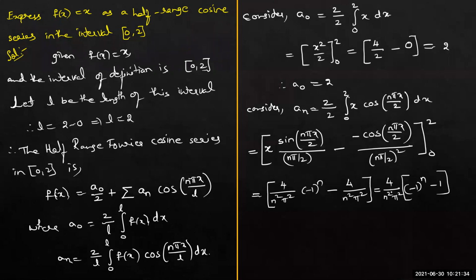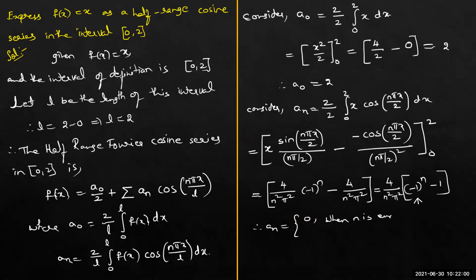Now when you get this kind of expression, obviously you should recall, we can take two cases, when n is even and when n is odd. When n is even, this minus 1 to the power of n becomes plus 1. So that 1 minus 1 term completely becomes 0. So a n is 0 when n is even.